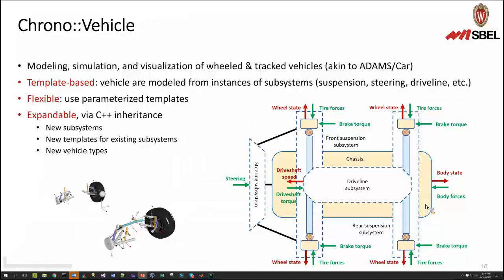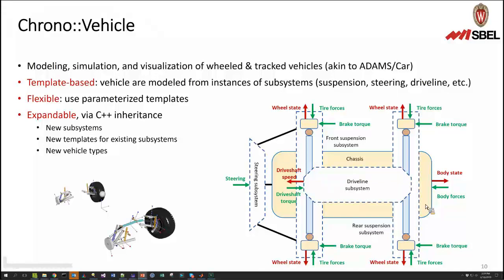There are two ways to go about setting up a model in Chrono. One is the hardware approach, where if you're an advanced user, you can put together a model piece by piece. It's just like building a house brick by brick. Or you can take a template-based approach where Radu put together templates for suspension, for the driveline subsystem, the steering system, and so on, so that you can very quickly set up a model and get going.